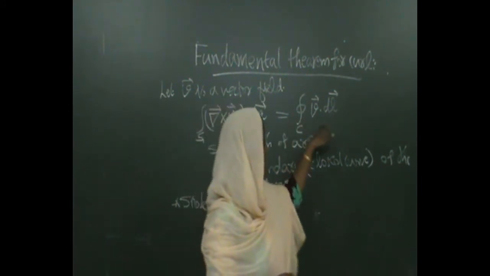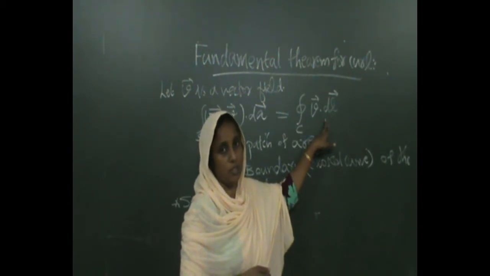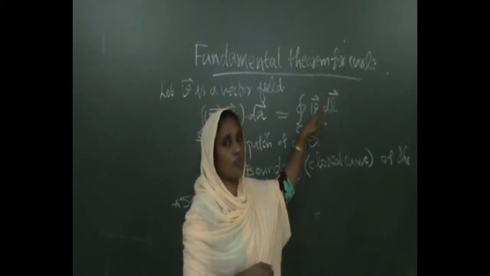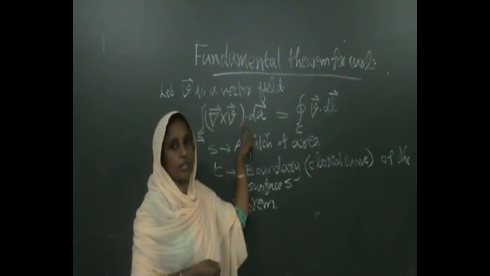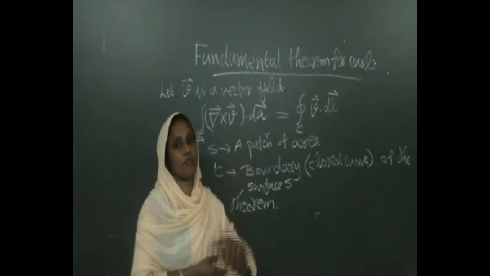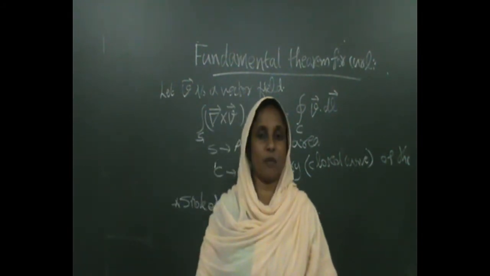This is called the circulation of vector V. The circulation of vector V is equal to the curl of the vector V over the surface. That is the meaning of this fundamental theorem.